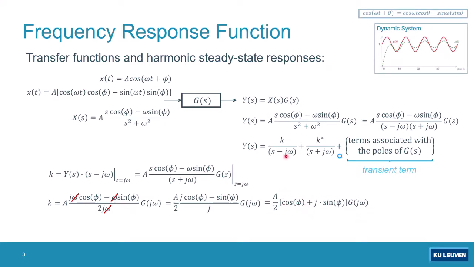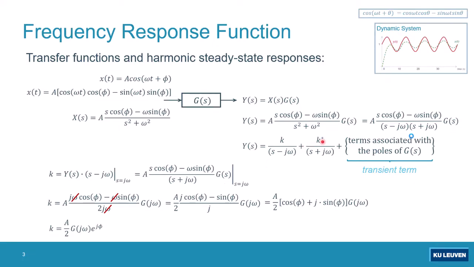I can substitute this to this value here. I can rewrite this again into this form, because as you know, exponential of j phi is equal to cosine phi plus j sine phi. So I can rewrite this into this form. Similarly, I can also find k star.